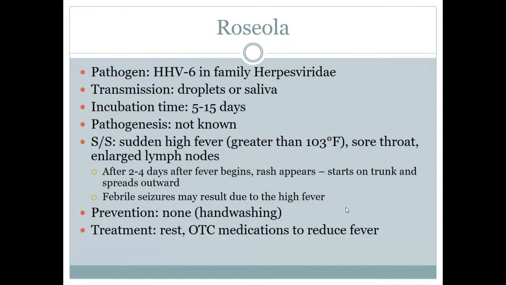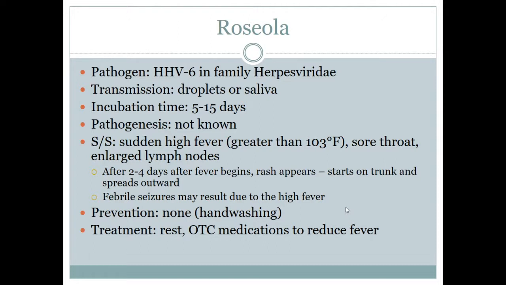Roseola is another rash-causing disease, also caused by a herpes virus, transmitted by droplets. And roseola is known by its sudden high fever. The child is feeling fine. And then all of a sudden they're running this really high fever that is hard to control.